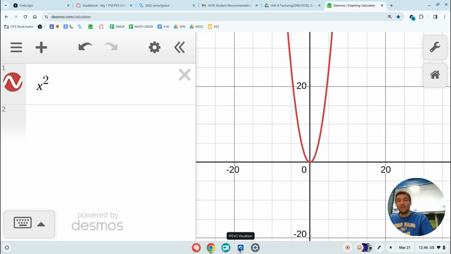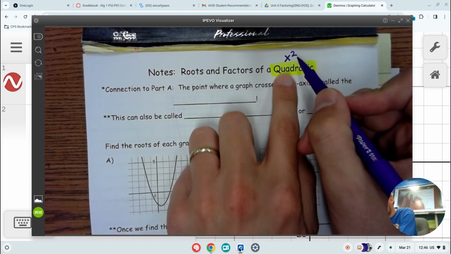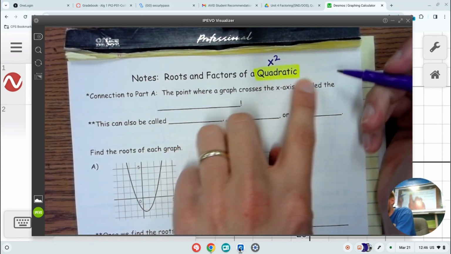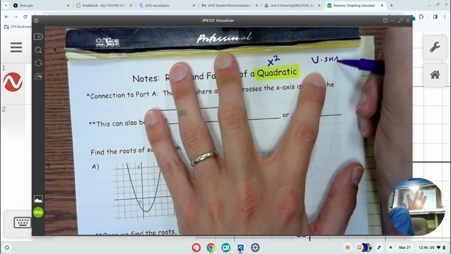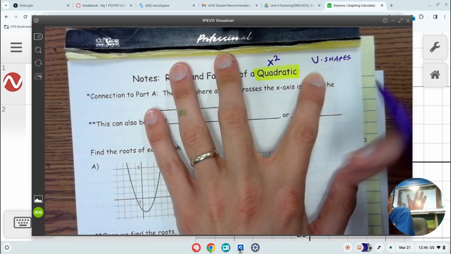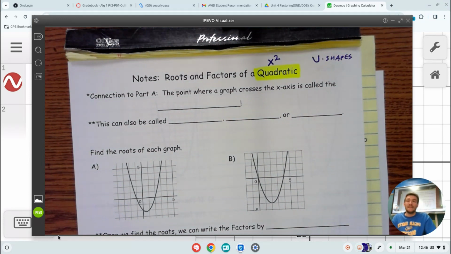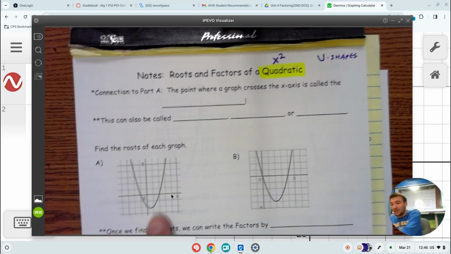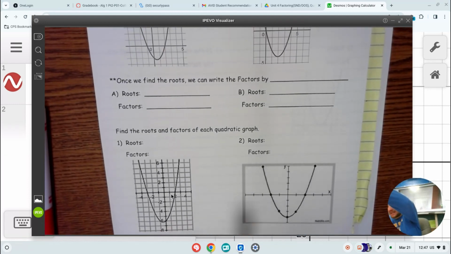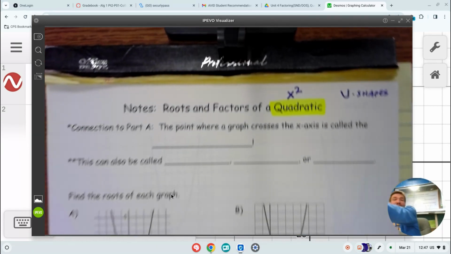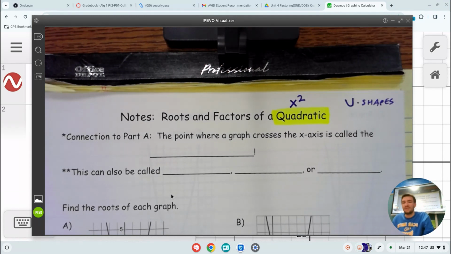And we can also see that the quadratics, which come from x squareds, have U shapes. So look at this picture. We got a U shape and a U shape, and on the bottom another U, and down here another U. So today we're talking about quadratics, which are just x squareds, which are just U shapes.